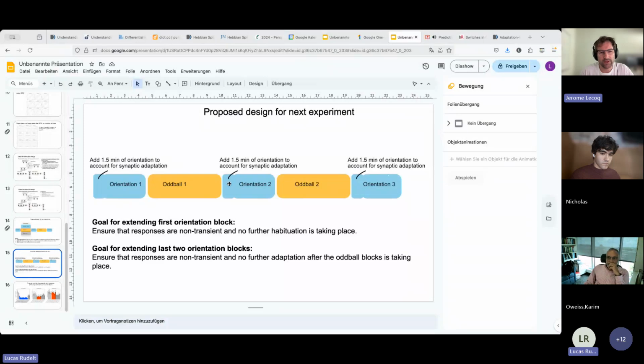So what is in this extended orientation block? It can be just random orientations, and we should just make sure that we have the 30 trials for each.